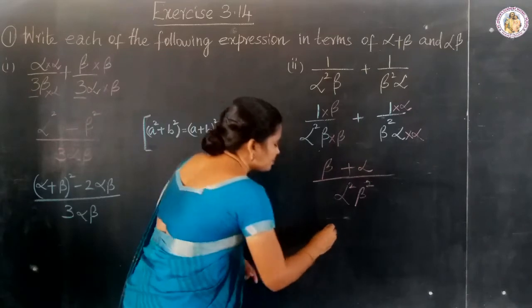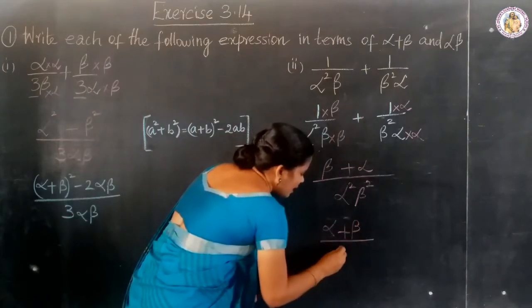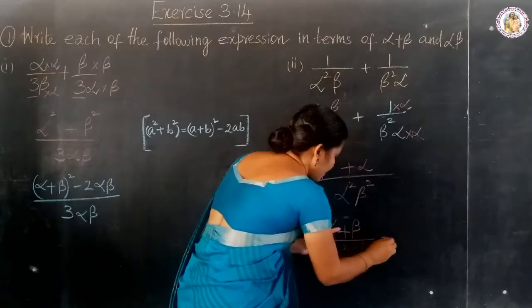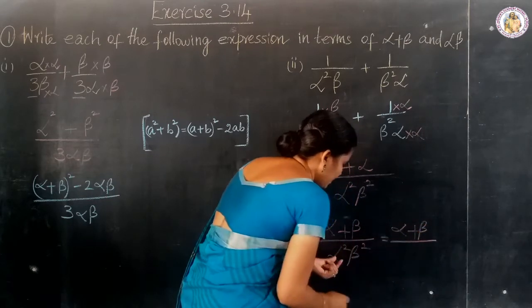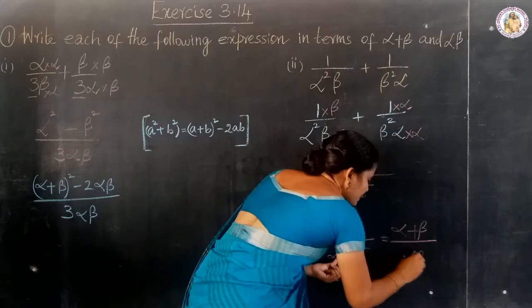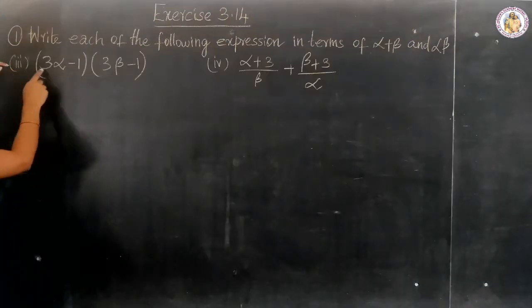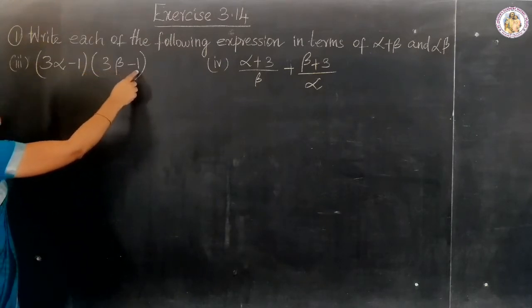So now alpha plus beta divided by alpha square and beta square, which is alpha plus beta divided by alpha beta whole square. Question number 3: 3 alpha minus 1 within bracket 3 beta minus 1.